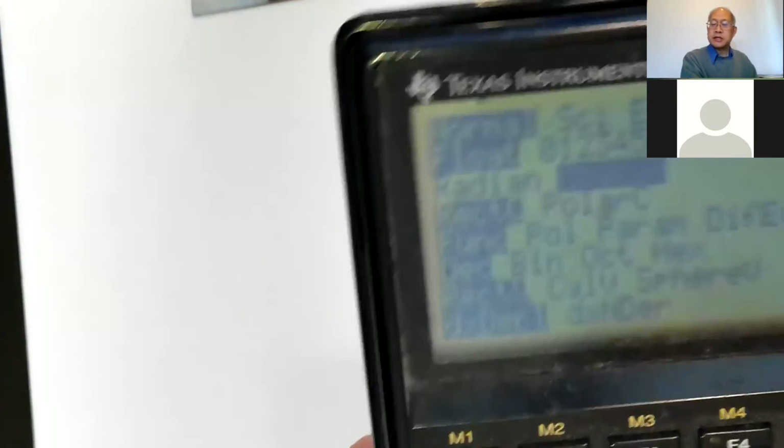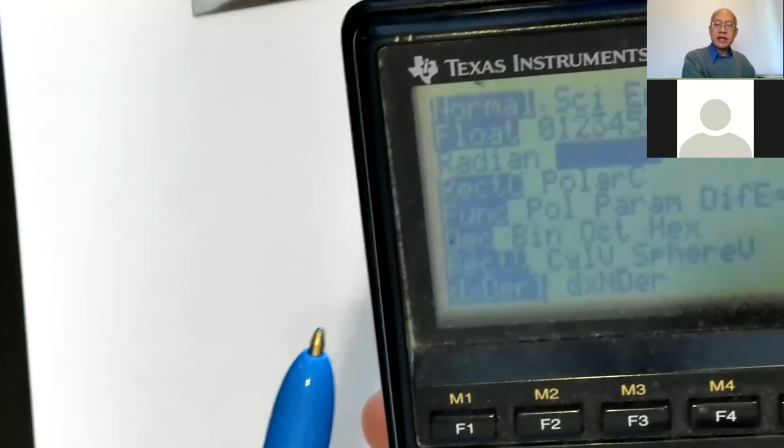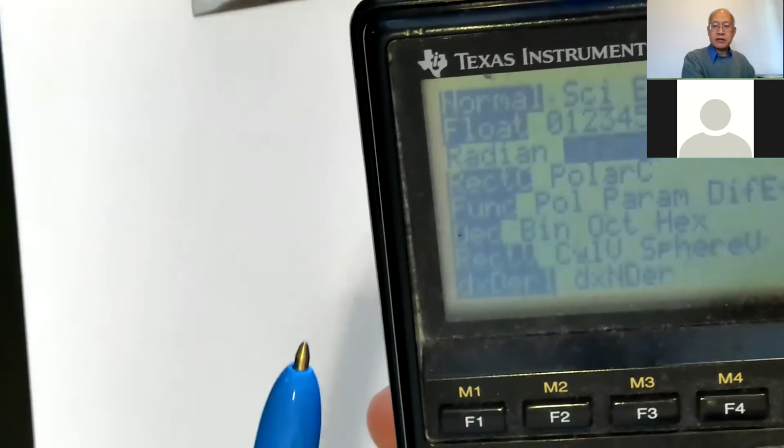So on your calculator, even if you switch it to degree mode, when the calculator does it, it says, no, I don't want degrees, I want radians. So it switches automatically inside. I mean, you don't see that yourself.